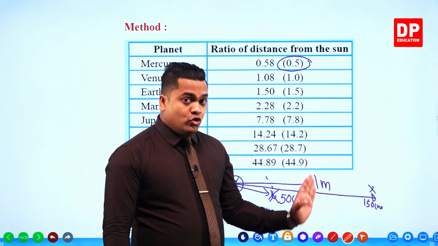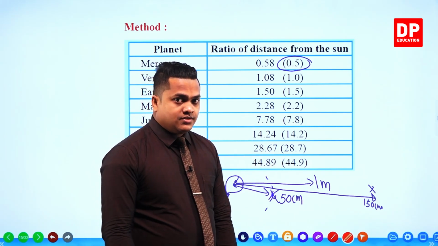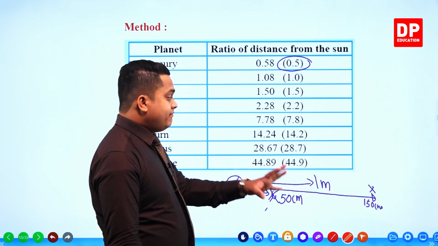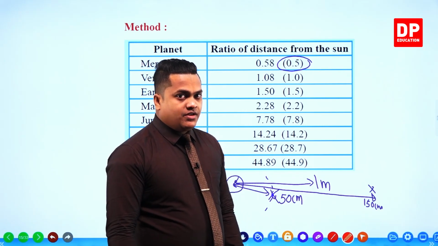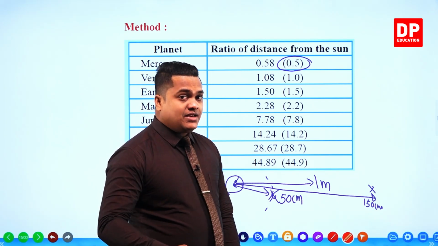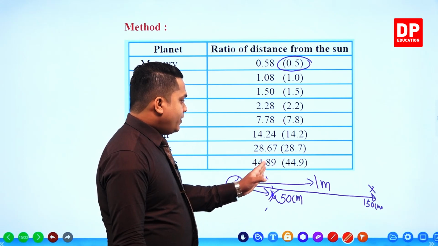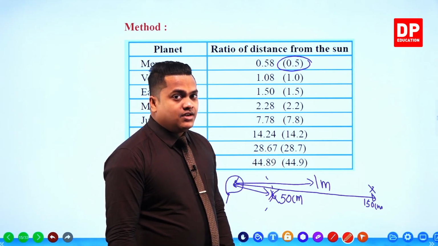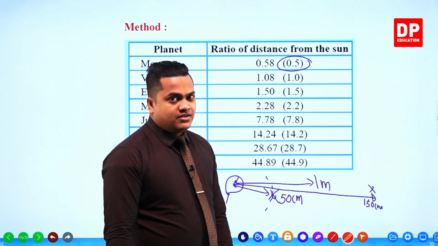This is from the balloon, okay? From the balloon, the distance. Then my dear children, 14.2, 14 meters and another 20 centimeters. 28.7, 28 meters and another 70 centimeters. 44.9, 44 meters and another 90 centimeters, almost 45 meters.